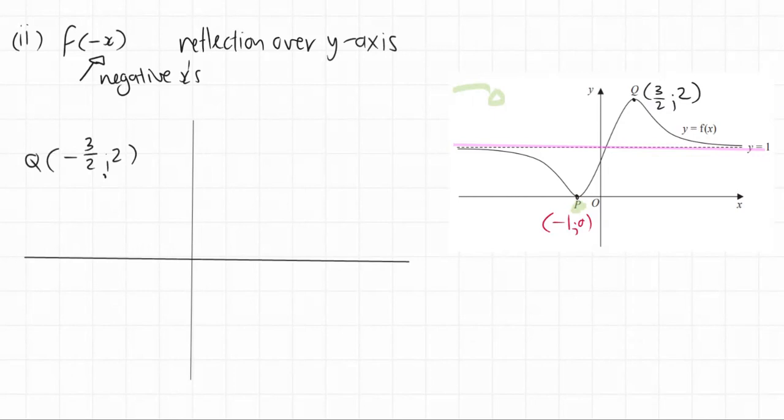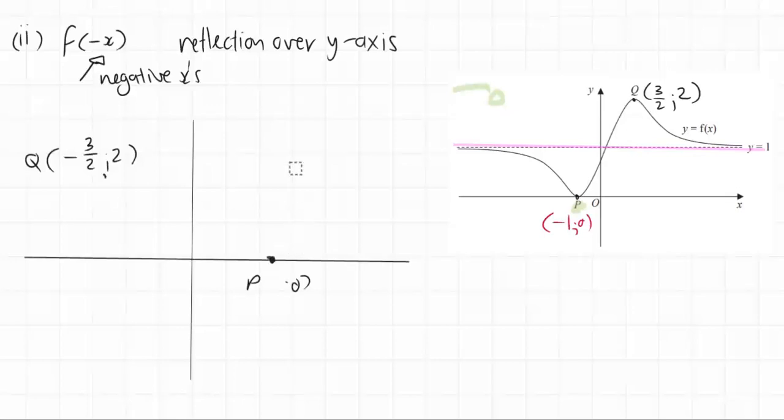And we had P as (-1, 0), so our new P is going to be on the x-axis at (1, 0). Again, this is not drawn to scale.